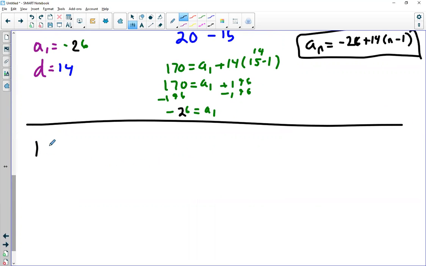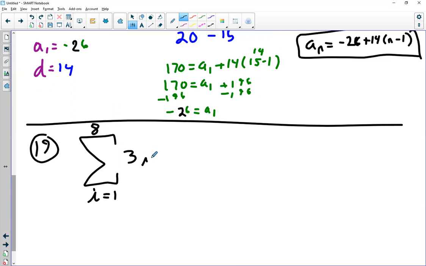Number 19. 3I minus 1. Okay, this symbol is telling me to add these.